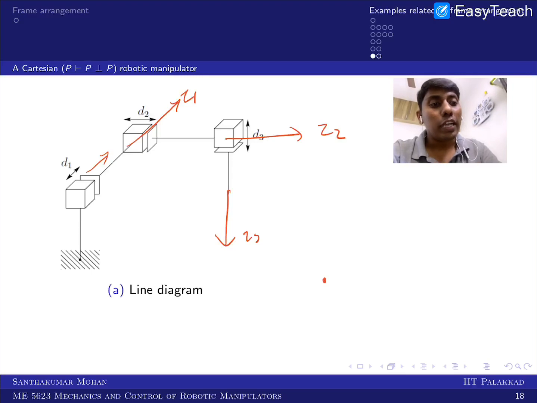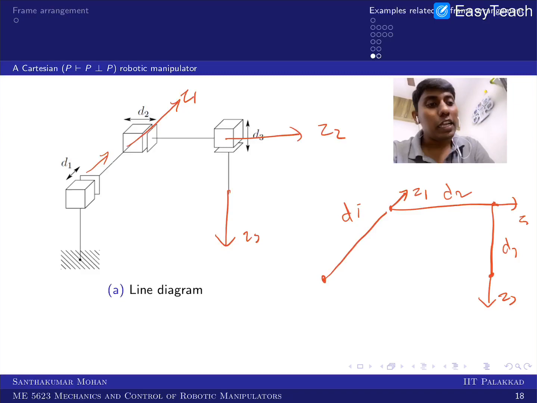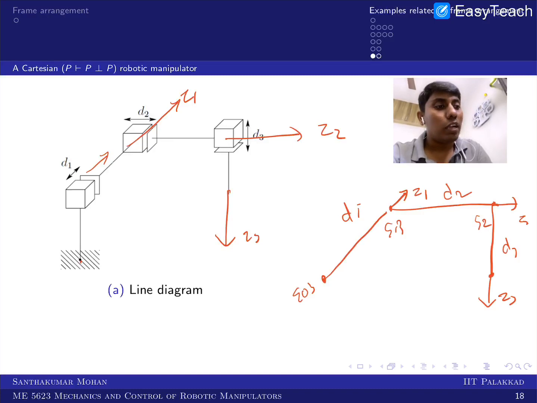This is the distance called d1, this is d2, and this is the distance called d3, and this is z3. You have to take the 0th frame here, not in here. Now this is 1, this is 2, and this is 3.